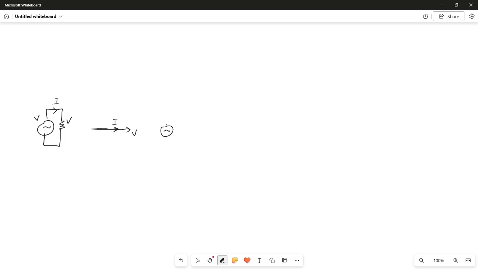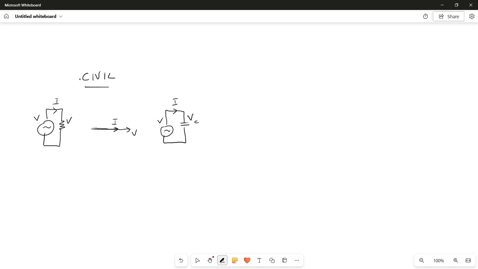For a capacitor, okay, so this is V, this is I now, and this is VC, same thing as well. There's only one component anyway. So remember the CIVIL mnemonic.